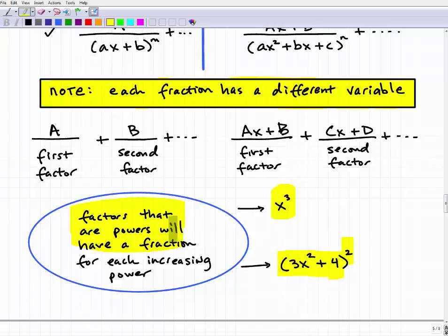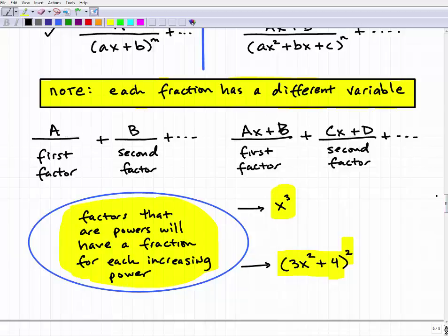Factors that are powers will have a fraction for each increasing power. Just make sure you pay attention to this when I go over it. Whether it's a linear or quadratic factor to a power, we have to represent each power, how it's increasing, with the fractions. It's probably harder to say than to actually show it.